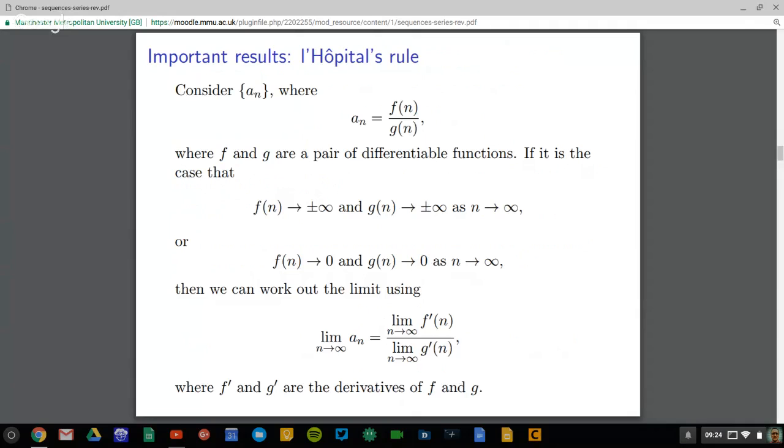Now we'll give an argument for why that's true and justify that when we come to study the derivative later on.